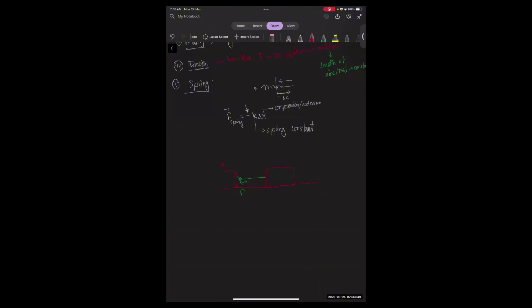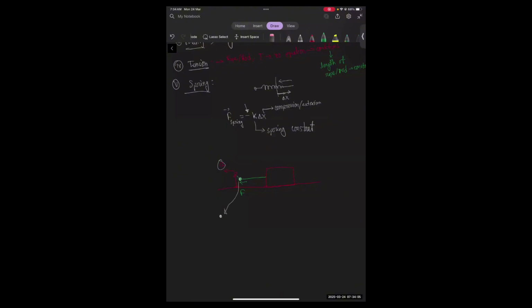Now tell me this: the front end of the rope is moving at acceleration a. So let's say after 1 second this front end of the rope is here.